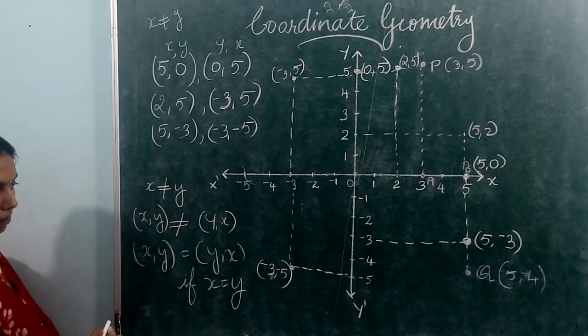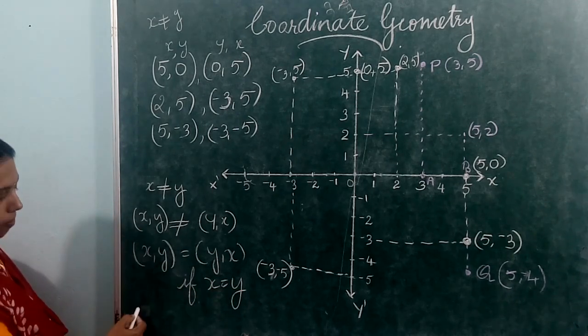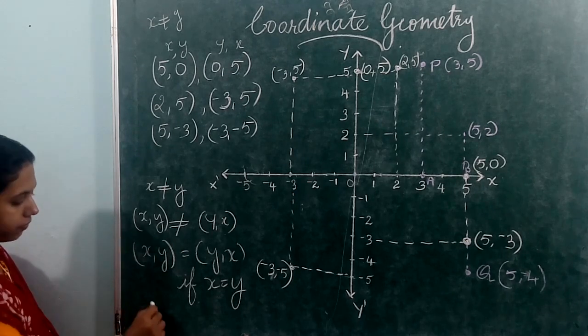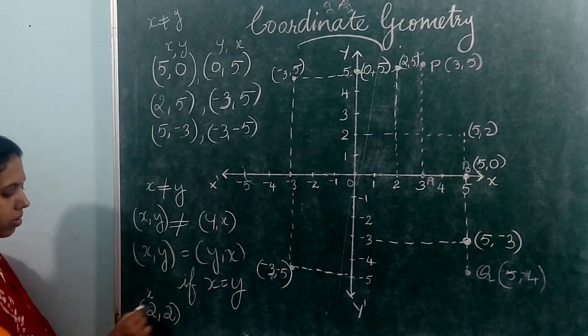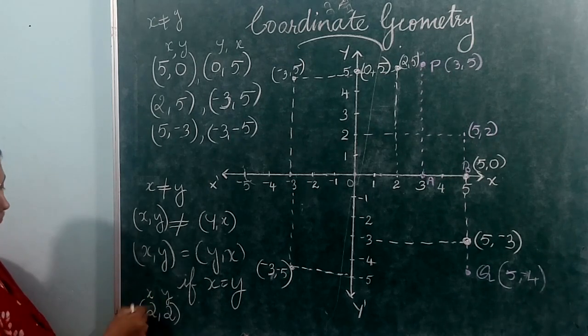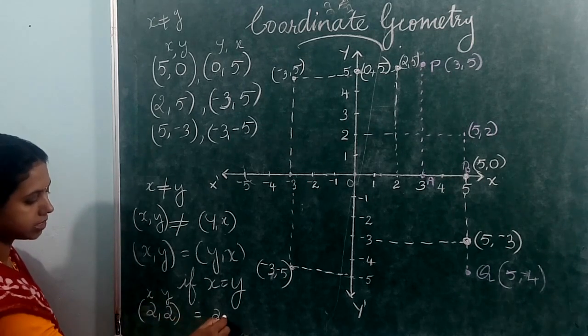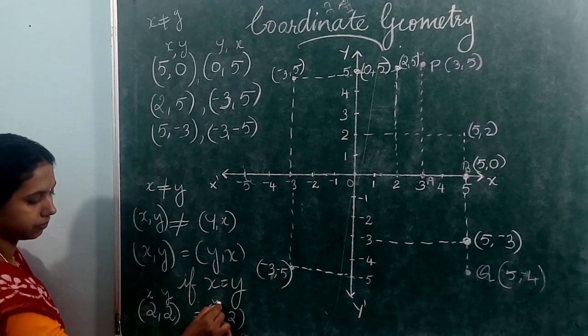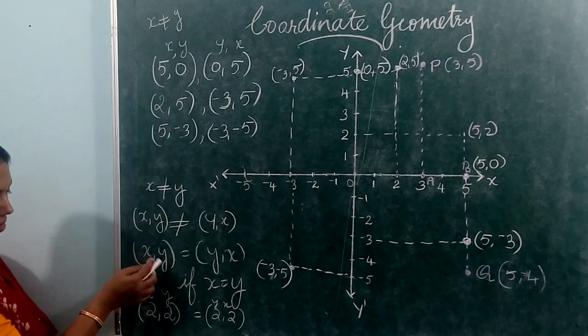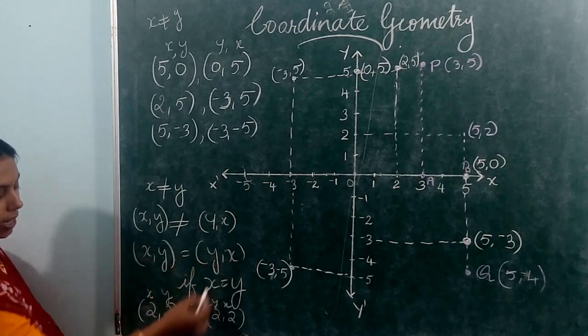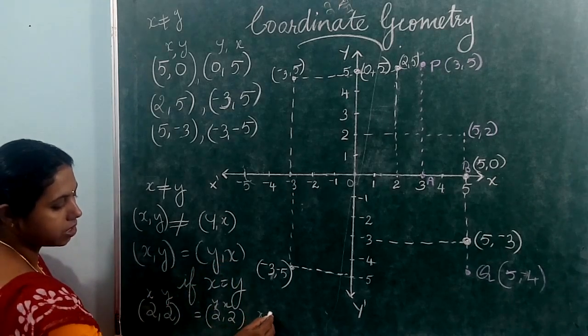For example, take the point (2, 2). This is the x coordinate, this is the y coordinate. If we interchange, again we get (2, 2) itself. So they are equal. Why is the ordered pair (x, y) equal to (y, x)? Because x is equal to y.